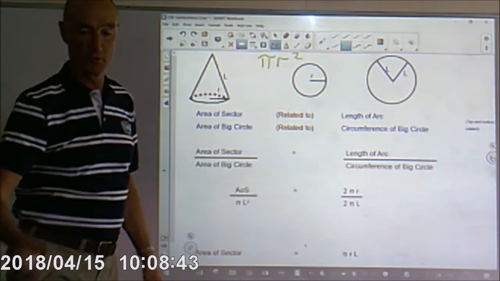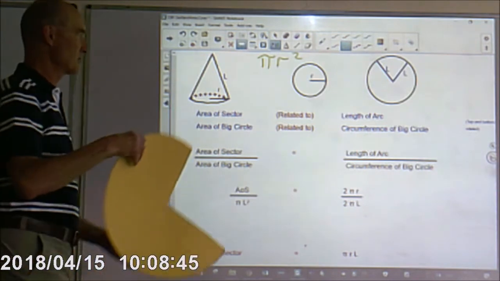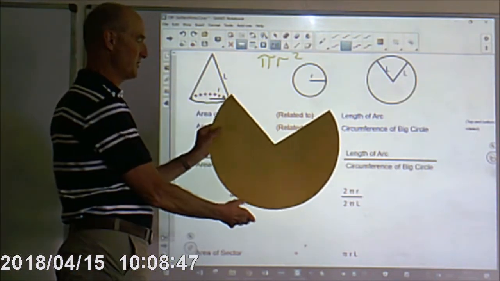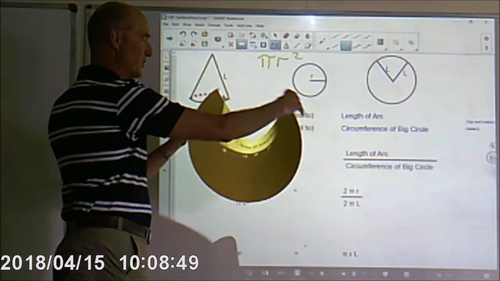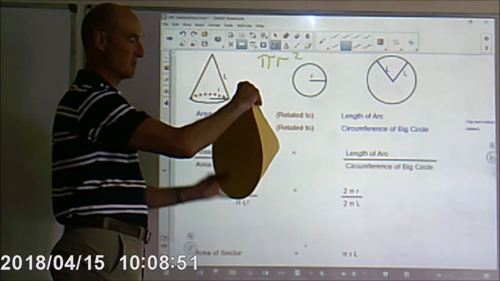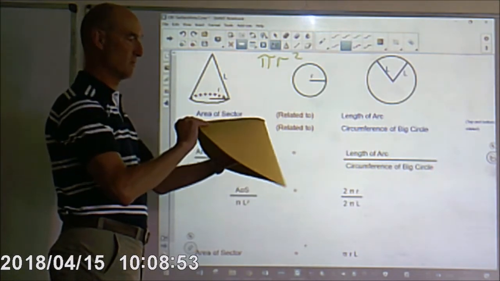But what I told you was that that cone has been created by taking the sector of a circle and bringing the straight edges together to form a cone.